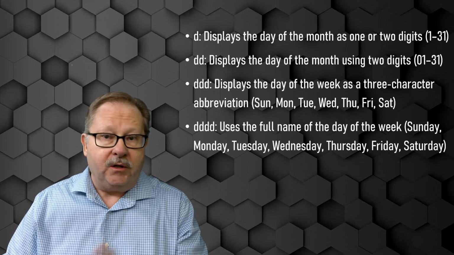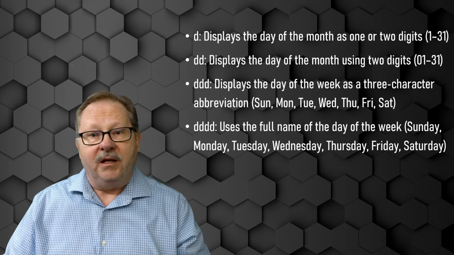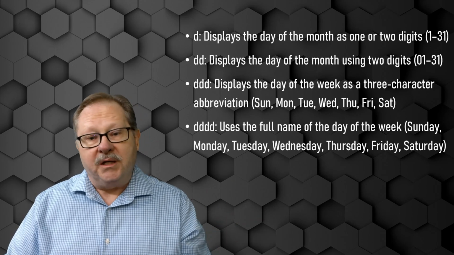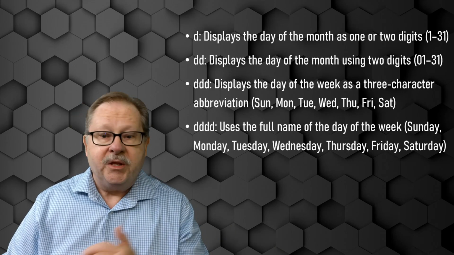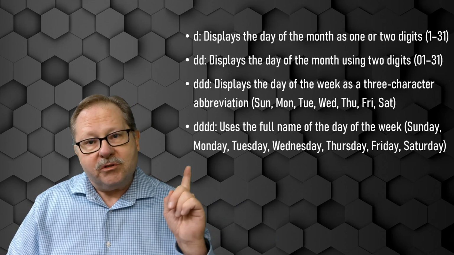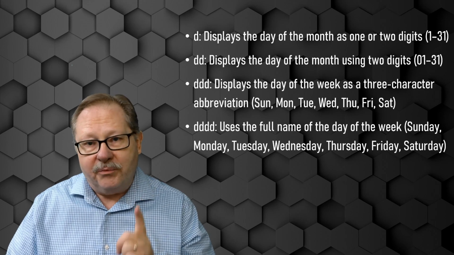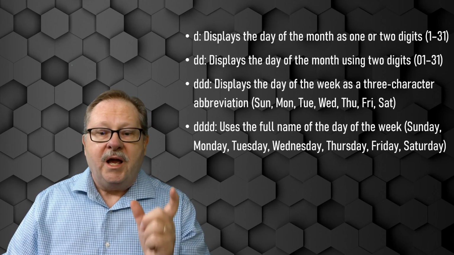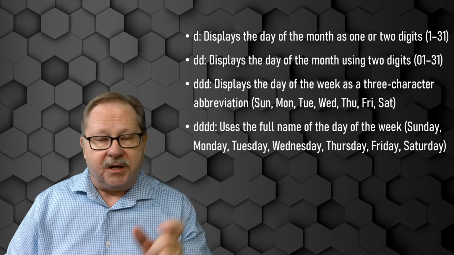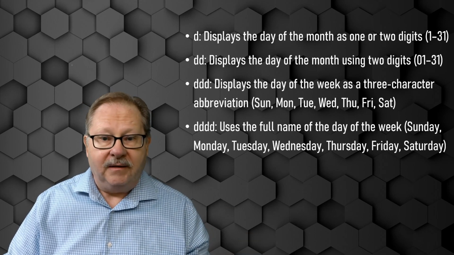In other words, 1 through 9 will be a single digit, and the rest through 31 will be double digits. DD displays 2 digits all the time. DDD gives you the abbreviated day of the week in 3 characters. And then 4 D's spells out the day of the week completely.